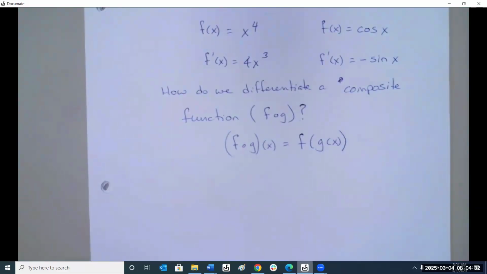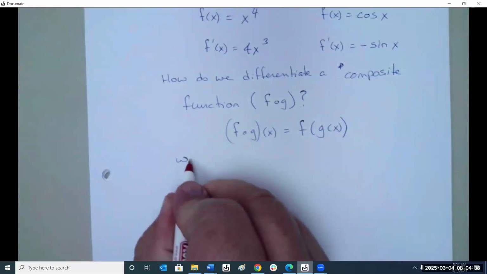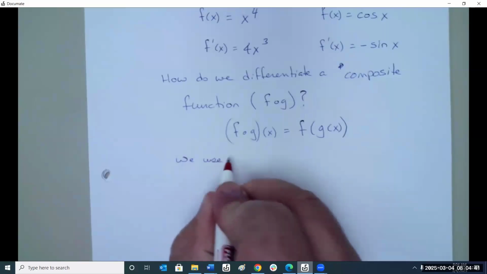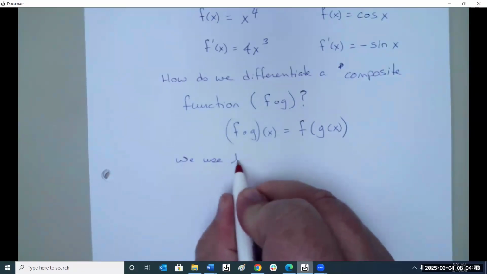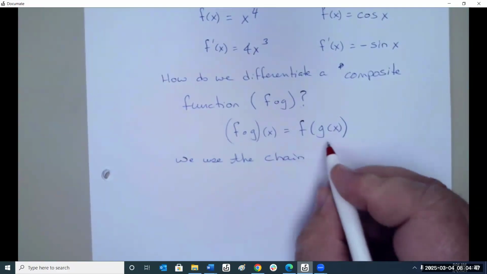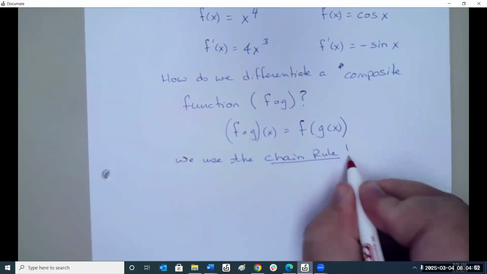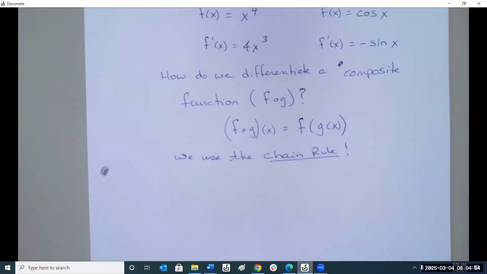How do we differentiate a function like that? We use the chain rule. And these next two sections are going to open up a whole bunch of different ways we can do differentiation with functions that don't look like we can do it.